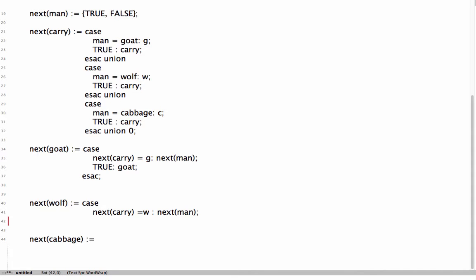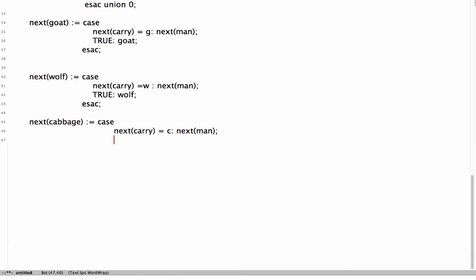Okay, if the man stays there, the value remains the same, otherwise it changes. Similarly, if the next of carry is C, then the value of cabbage changes to wherever man goes next.